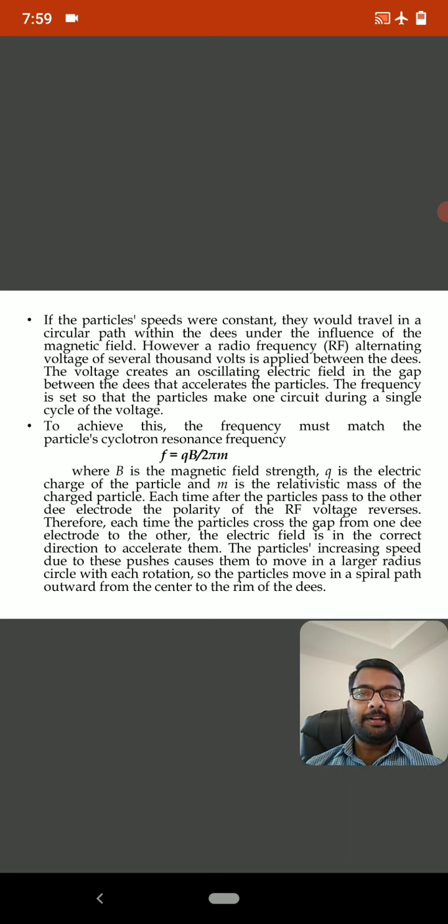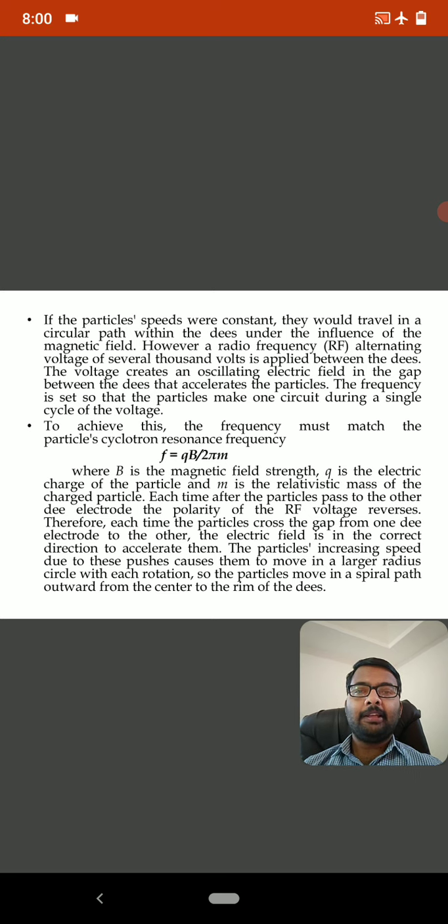This voltage creates an oscillating electric field in the gap between the D's, and that oscillating electric field accelerates the particles. So this alternating radio frequency voltage is responsible for the acceleration of the charged particles.